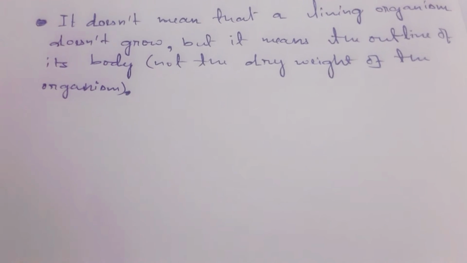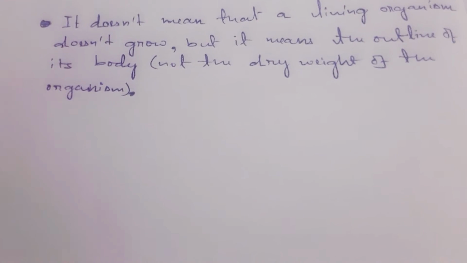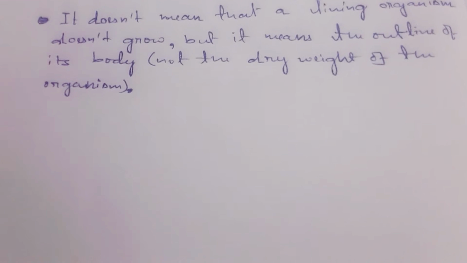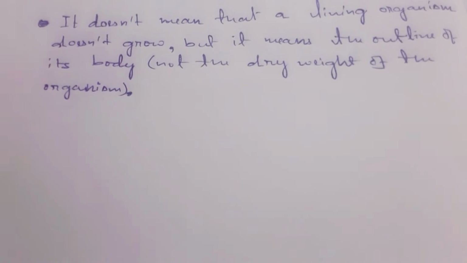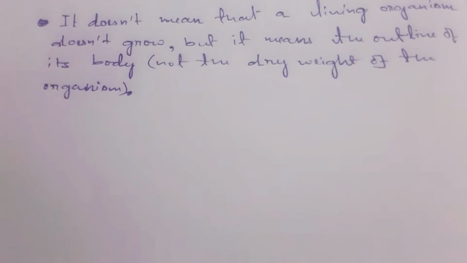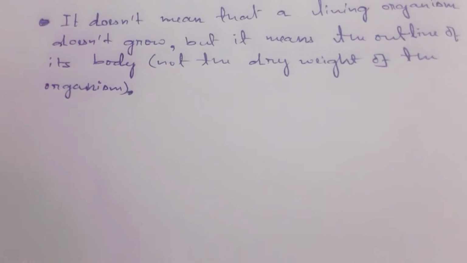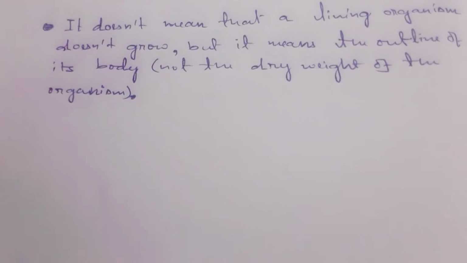Well, there can be misunderstandings. If we say definite form and size, one might ask whether it means that the living organism will not grow. It is not the case. It does not mean that a living organism does not grow, but that the outline of its body, the shape of the body, remains constant, and not the dry weight of the organism, since growth means increasing dry weight.